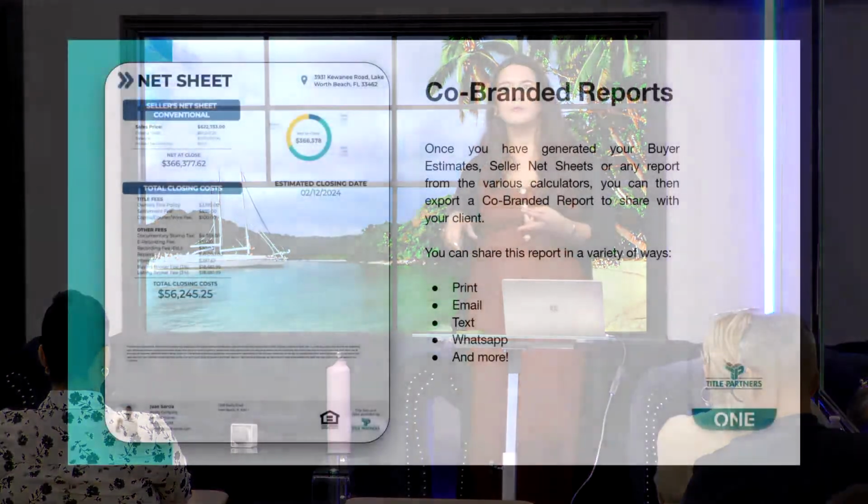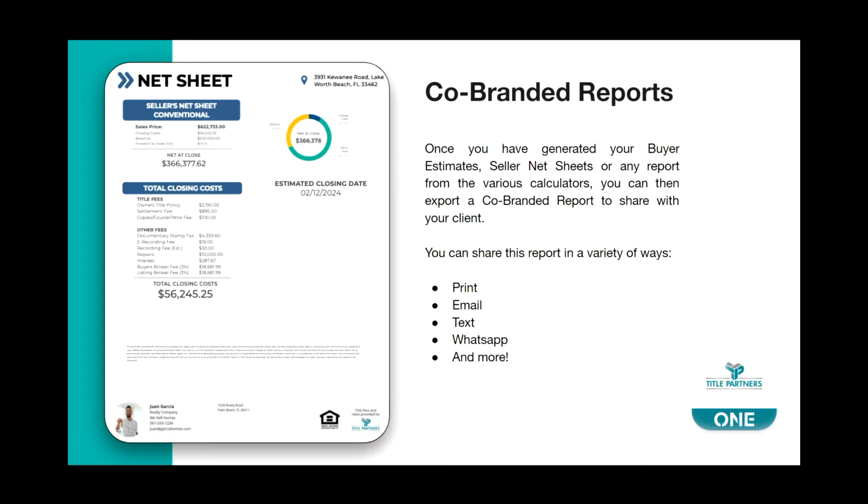Okay, this is what the co-branded report would look like for a seller net sheet. Again, there are several templates to play with, so if you don't like this template, you can just choose another one. From the app, once you've calculated the seller net sheet, you can email it out from your phone, text it right from the app, WhatsApp it, and we have a lot of content that you can post on social media, so it'll give you a Facebook or an Instagram icon.